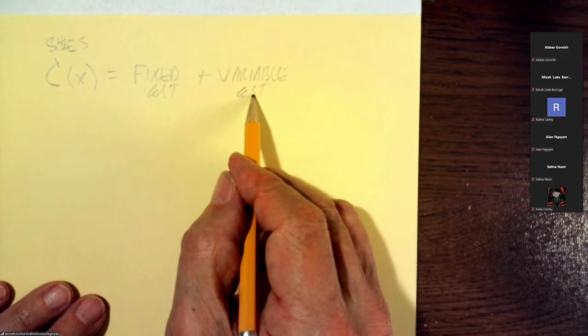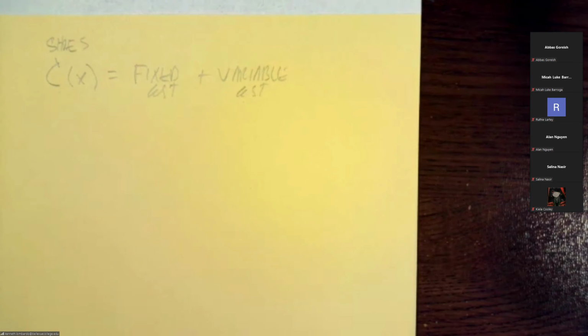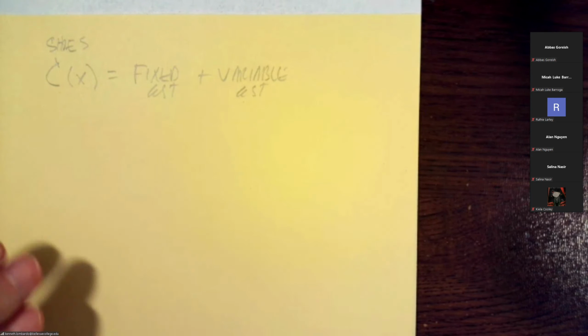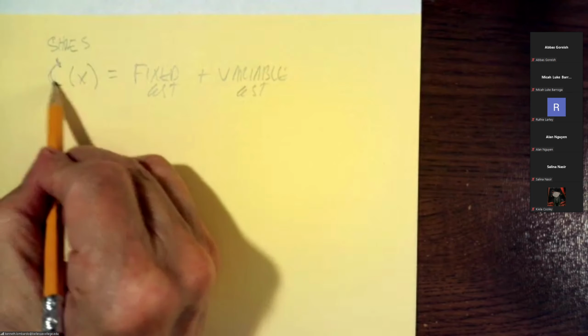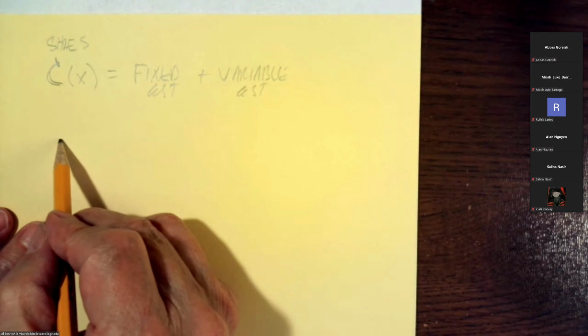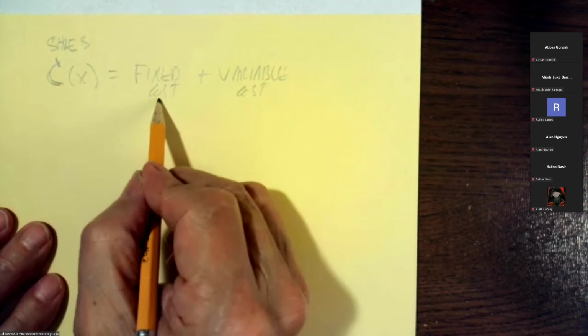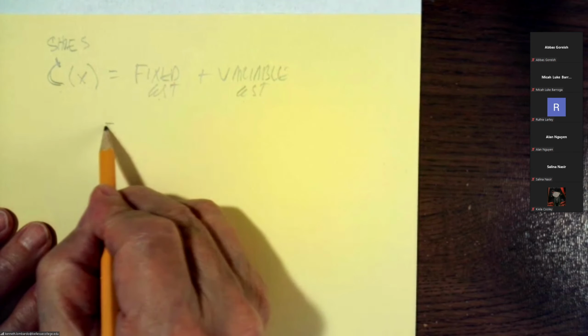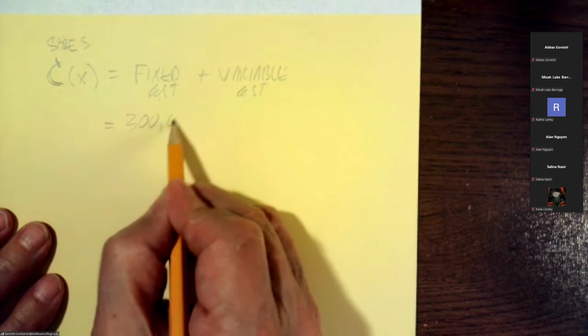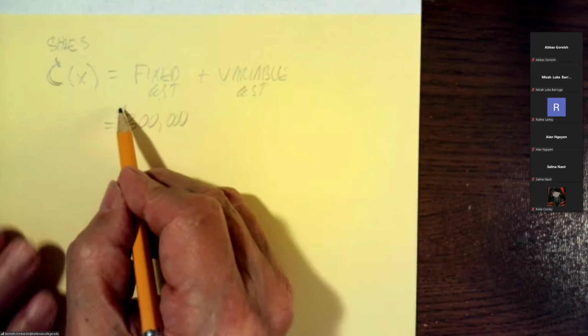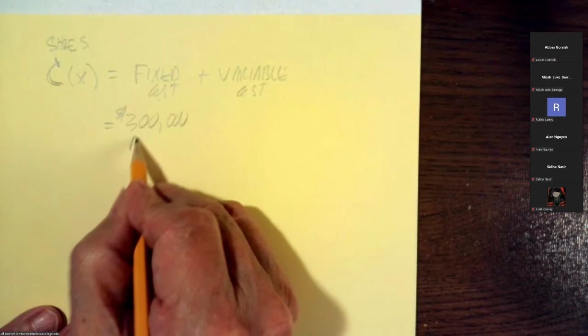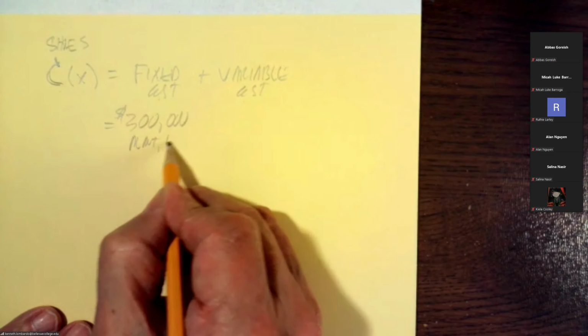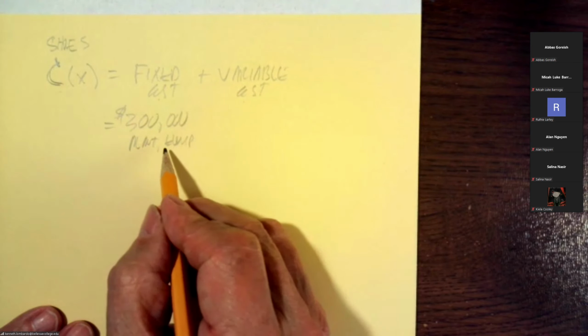Okay, so if I say that the company manufacturing these shoes has a fixed cost of $300,000. Maybe that's plant and equipment and so forth.